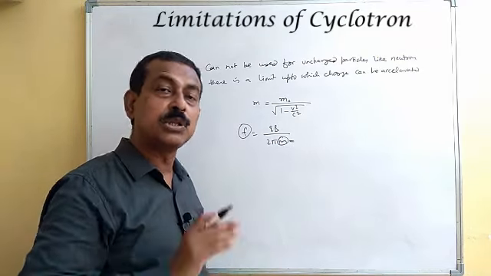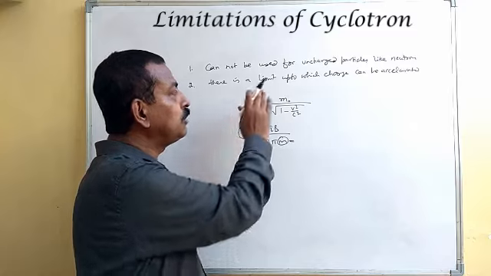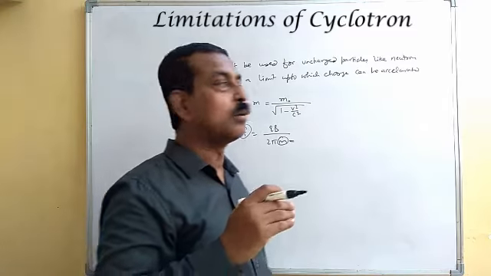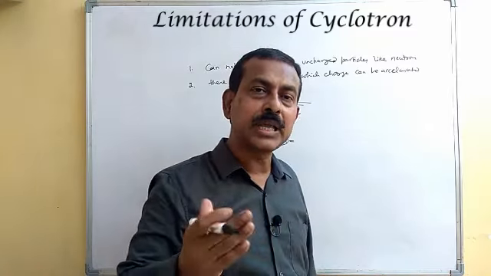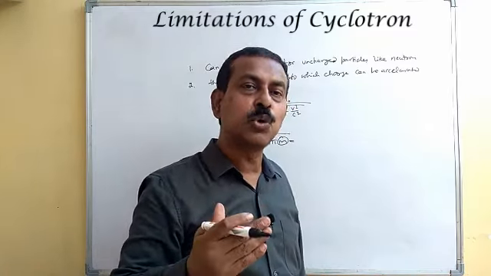So the motion will not remain synchronous. This is the reason why there is a limit up to which we can accelerate, because beyond that the change in mass cannot be neglected.